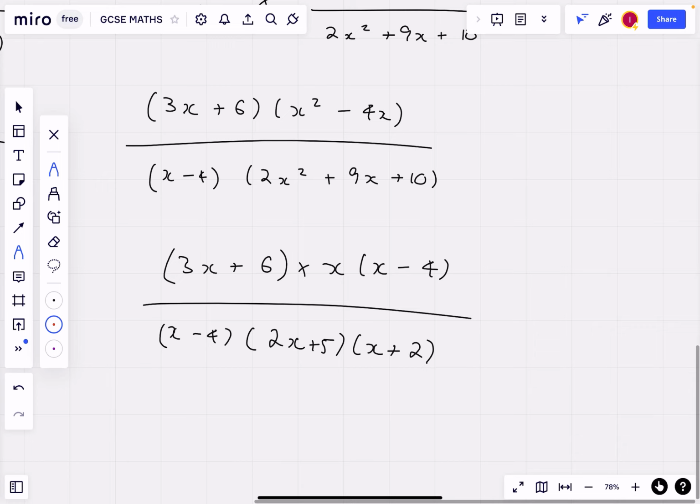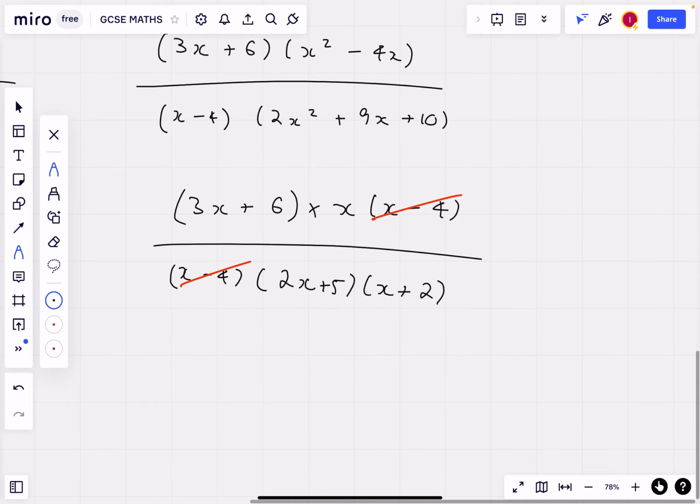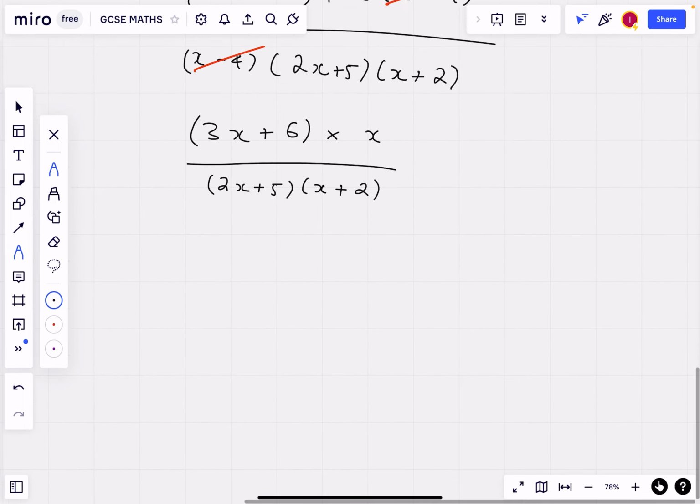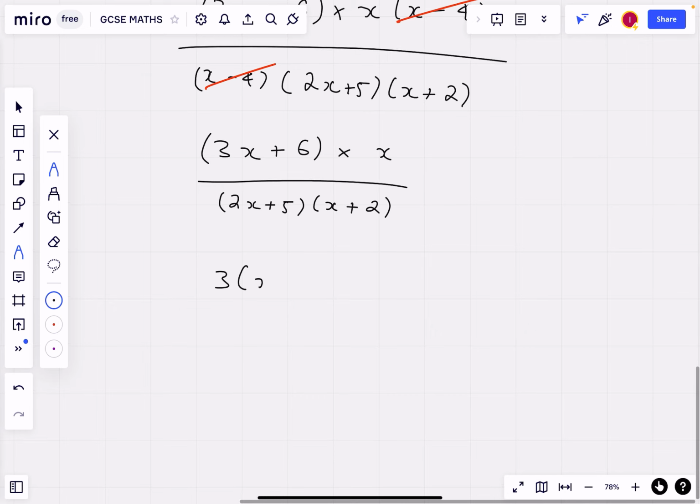X minus 4 is present in both. Those two cancel out. So I'm left with 3x plus 6 times x over 2x plus 5, x plus 2. Can I factorize anything further? That 3x plus 6, I can factorize it further. So let's take the 3 out, x plus 2 times x over this.